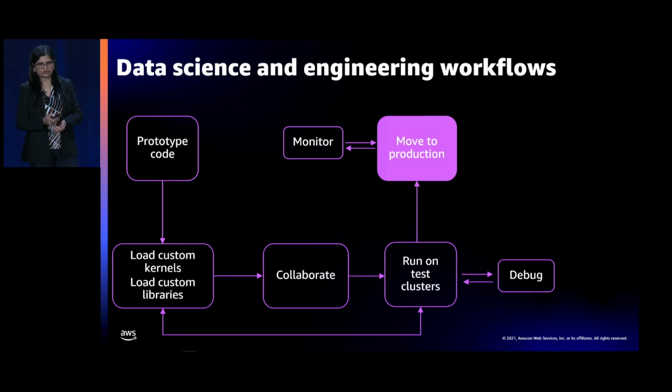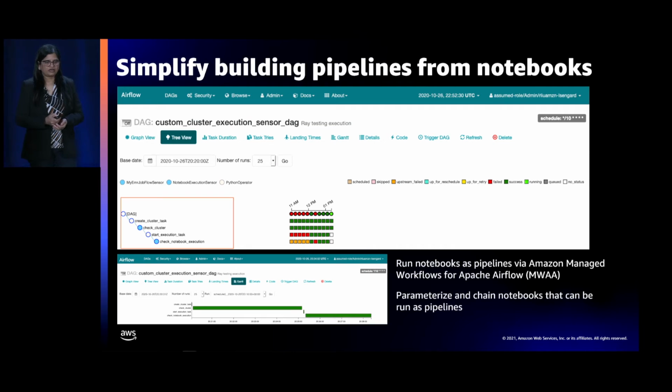And finally, once you are happy with your notebooks, you have tested them thoroughly with different versions, and you're comfortable moving them to production, you want to be able to build pipelines. You want to execute the notebooks that you have created in an automated fashion using either Apache Airflow or the managed version that we offer, which is called Amazon Managed Workflows for Apache Airflow, as well as Step Functions.